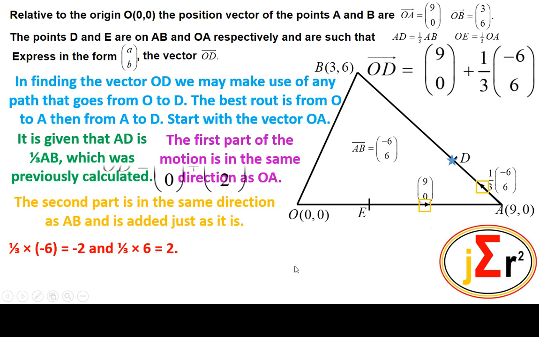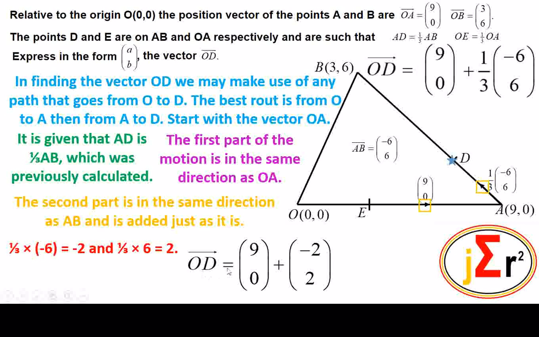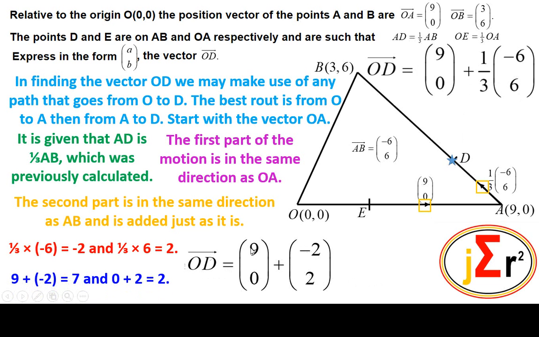Therefore, OD is equal to (9, 0) plus (-2, 2). 9 plus -2 is equal to 7. Then 0 plus 2 is equal to 2. So the final vector turns out to be OD equals (7, 2).